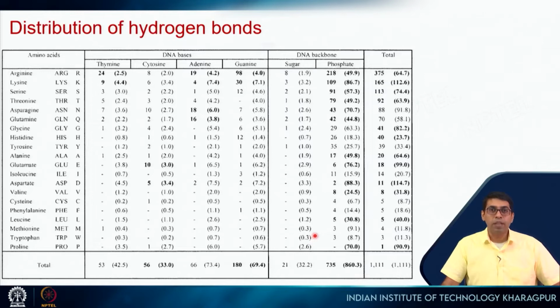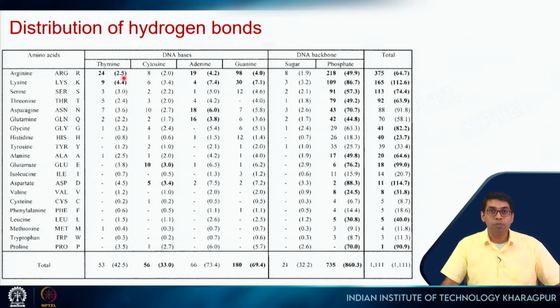This table summarizes some of such interactions. I am not going to go through all of these. You can pause the video here and look at it for yourself. I will just highlight 1 or 2 interactions. So I said arginine and guanine, right? This is arginine, and its interaction with all the 4 bases are shown here, and these are all hydrogen bonds.